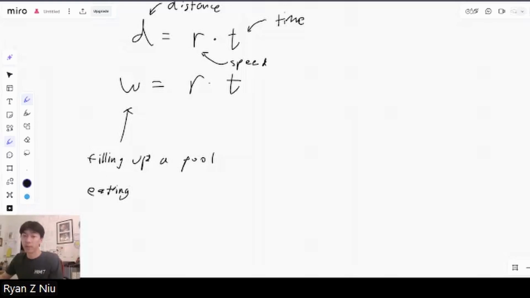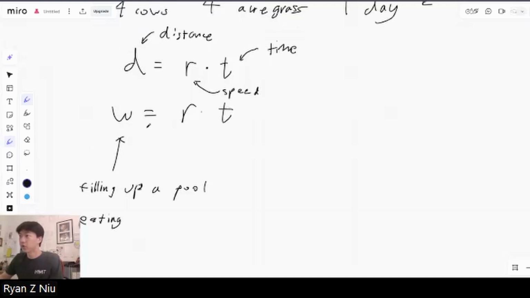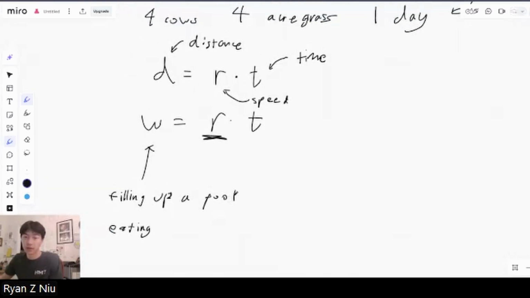These can all be measured in a sort of quantity and done at a certain rate, a certain speed. And so these are also things that the AMC might ask you to analyze. So not just physical distance, how far did I travel, but also how much of this did I do? How much of this has happened? That sort of thing.